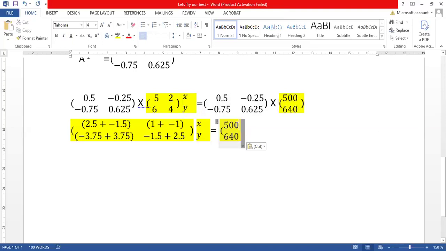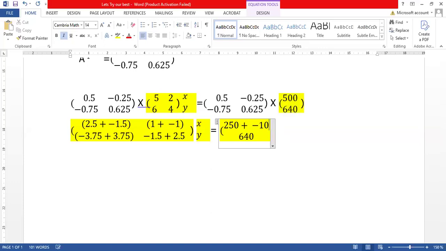So what will you get here? It is 0.5 times 500, that is 250. Then plus negative 0.25 times 640, which is negative 160.